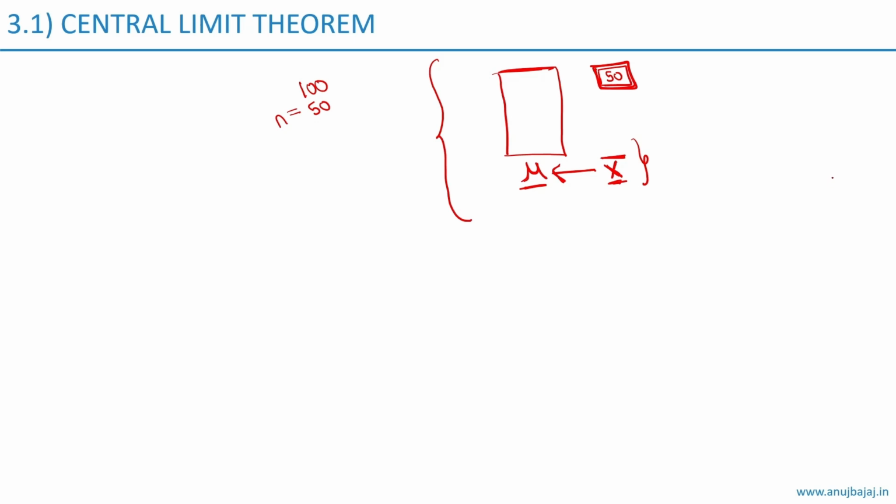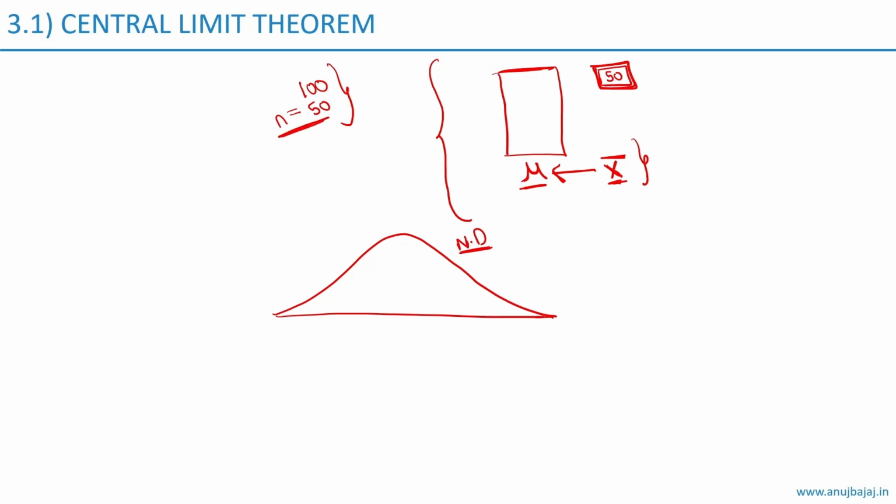So the central limit theorem states that if we plot all the sample means, the hundreds of sample means, the sampling distribution of the sample mean will follow a normal distribution, given that the sample size is large enough.